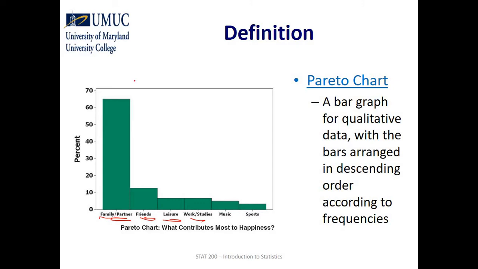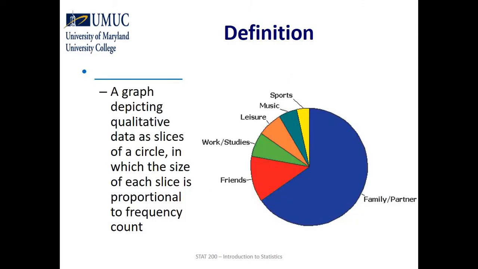So they're always going to go down in value. That's the Pareto chart. The next one, I'm sure no one can figure out what this is. A graph depicting qualitative data as slices of a circle in which the size of each slice is proportional to frequency count. Yeah, that's a pie chart.